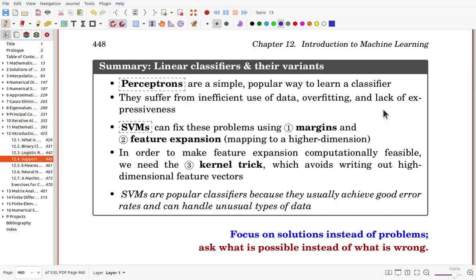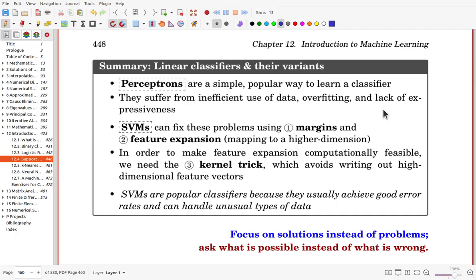In order to make feature expansion computationally feasible, we need the kernel trick, which avoids writing out the high dimensional feature vectors. Support vector machines are popular classifiers because they usually achieve good error rates and can handle unusual types of data sets.